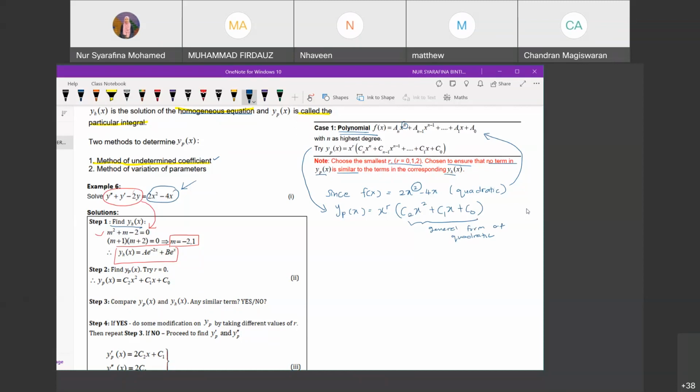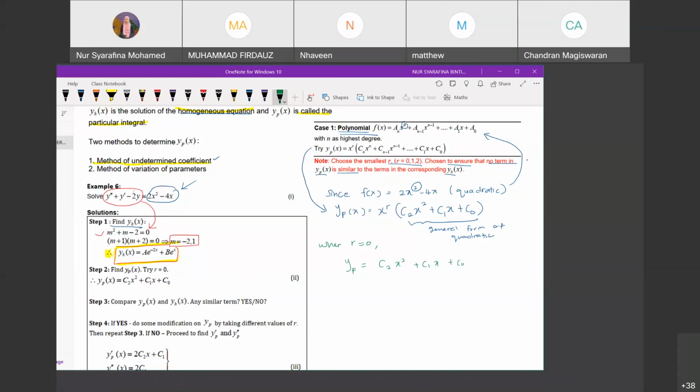Now we need to choose the smallest r, so that there is no term in yp and yh which is similar. This is your yh. When r equals 0, x to the power 0 is 1, so your yp equals C2x squared plus C1x plus C0.